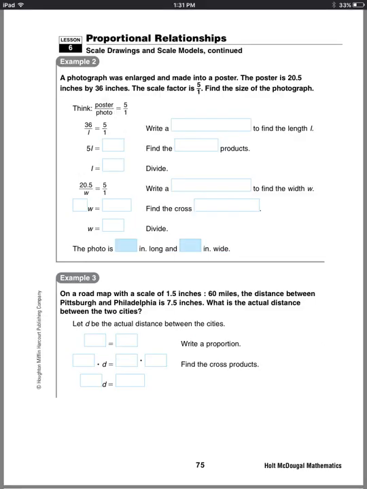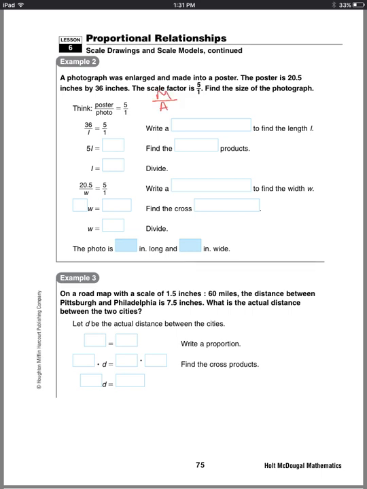So a photograph was enlarged and made into a poster. The poster is 20.5 inches by 36 inches. The scale factor is 5/1. Find the size of the photograph. So we have a photo that was enlarged to a poster, and we always take the model over the actual.